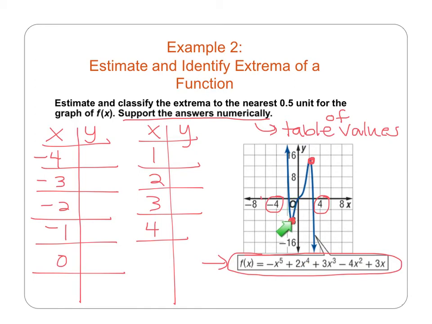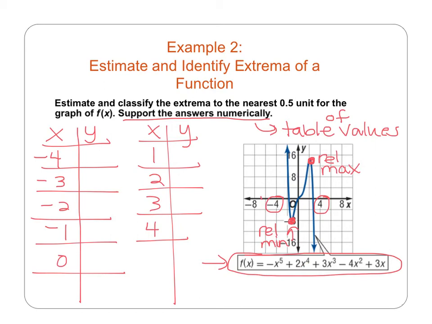So I'm going to write that down, relative min. And this point up here is considered a relative maximum because it is the highest point compared to those around it, not the highest point on the graph. So I'm going to say it's a relative max here.